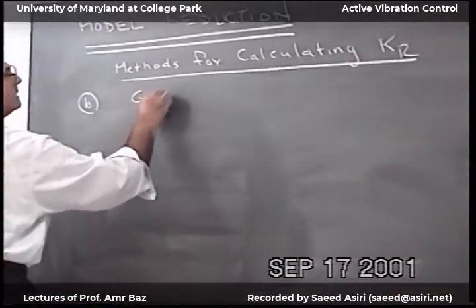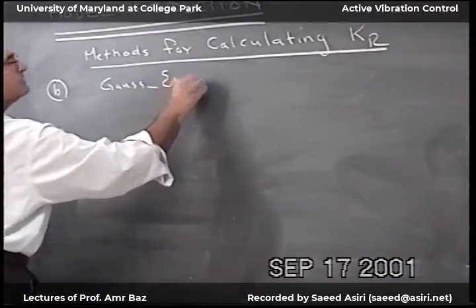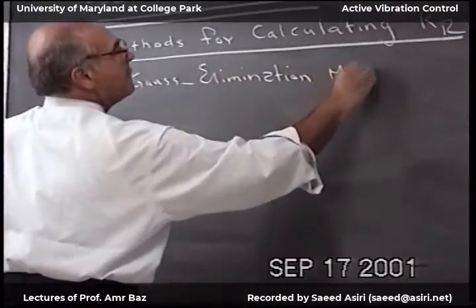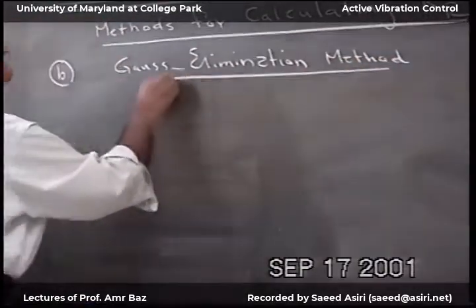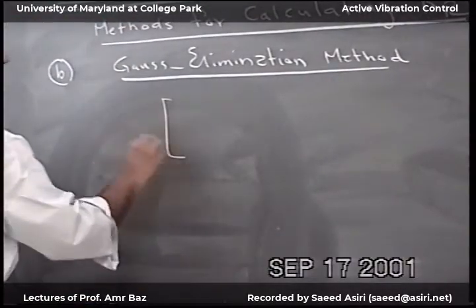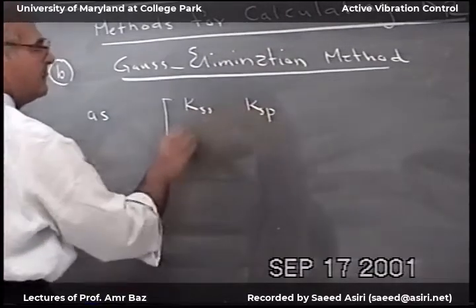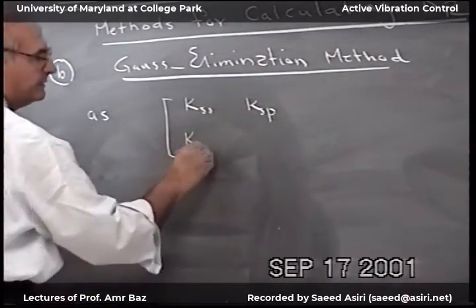is the Gauss Elimination method. And again, I have the stiffness matrix.